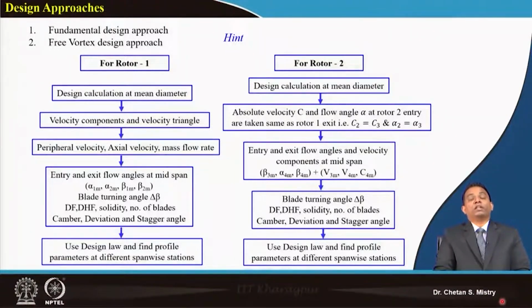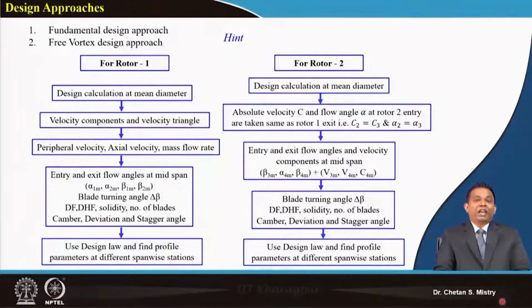In line with that, we assume the absolute velocity coming out from rotor 1 will enter rotor 2. So velocity C2 and velocity C3 are the same. In other words, the absolute flow angles alpha 2 and alpha 3 are the same. Based on this assumption, we will do our calculation at the mid station.